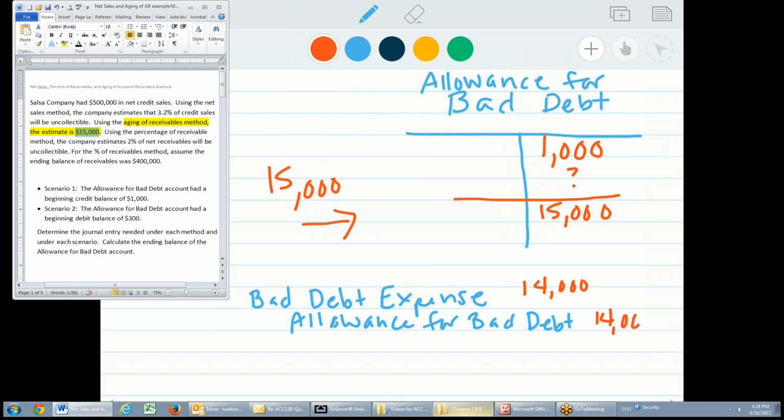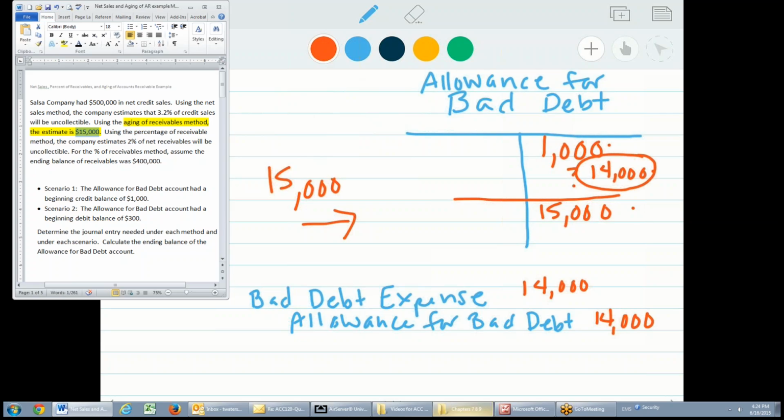You can memorize the add or subtract part, but the easiest thing to do is to look at it in T-account form and determine this is the number that I need, and then double check your work. 1,000 plus 14,000 is 15,000. So our journal entry would be for the 14,000, the amount needed to get the account to the proper balance.